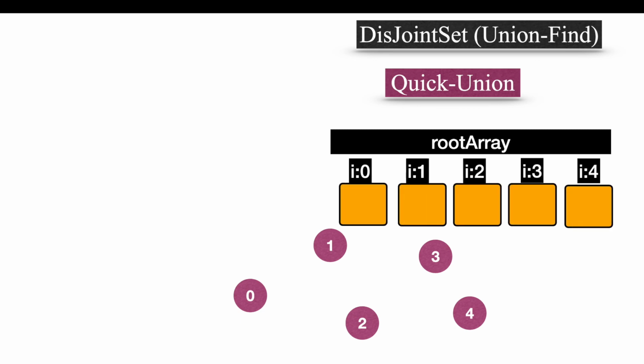Each index of the root array represents a vertex in the graph, and the value at an index is the root vertex. Initially every vertex is independent, so the root of every vertex is itself. It means the value of each index is equal to the index.